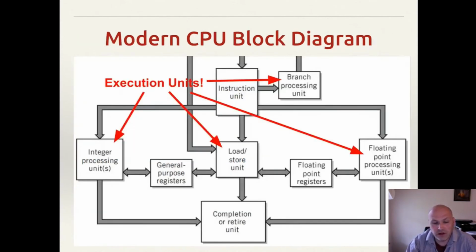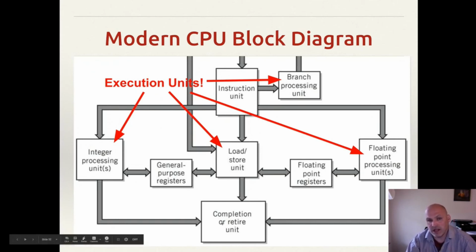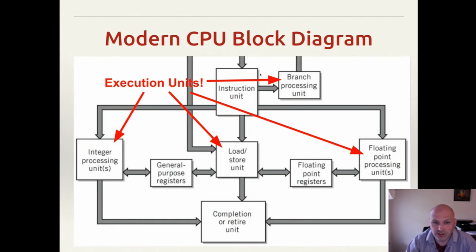So let's look at a breakdown of what this actually looks like in the hardware if we group the hardware together. So we have here this instruction unit that's basically going to decode the instructions and make decisions on where they should go once they're decoded. And we have specialized execution units that it can choose from based upon the decode.